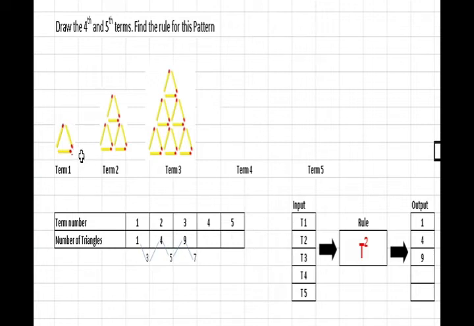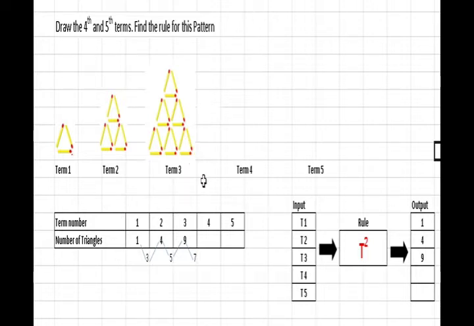Term 1 has only one row, term 2 has 2 rows of triangles, one on the top and one below. Term 3 has 3 rows of triangles, 1 row, 2 rows, 3 rows of triangles. That is very important.